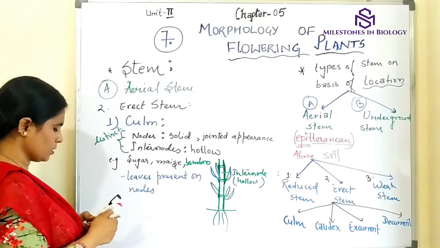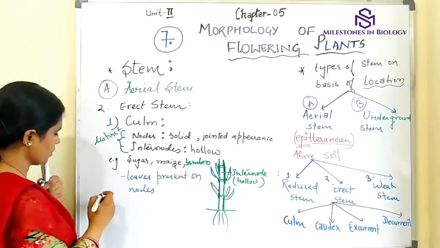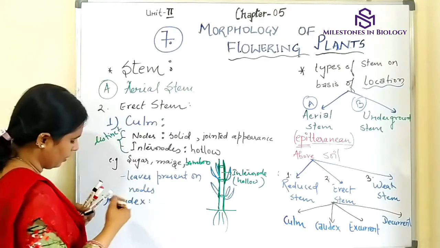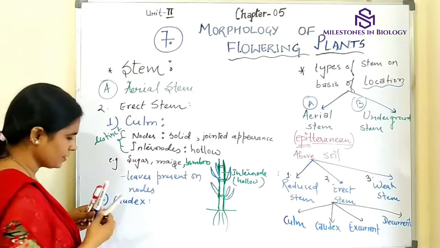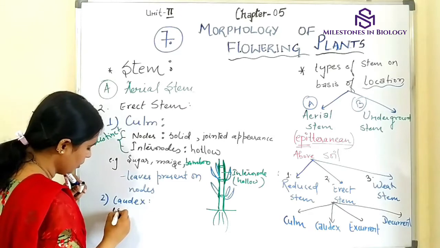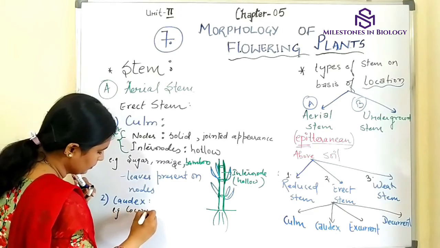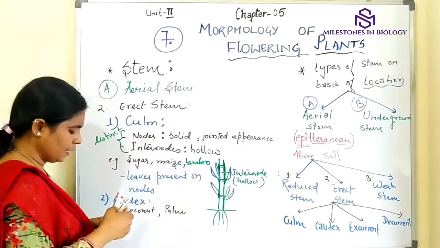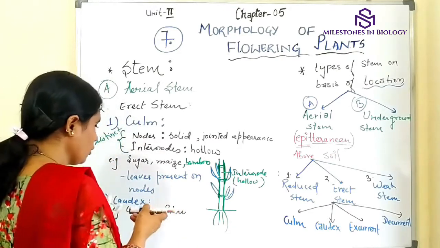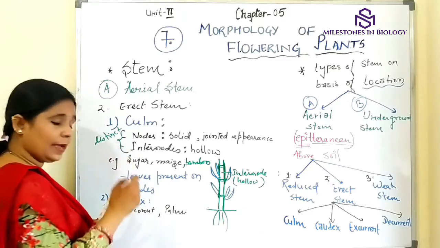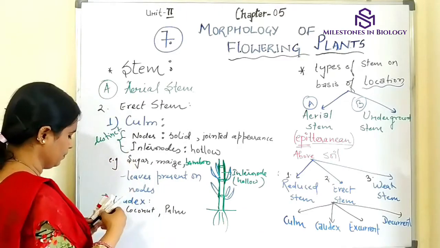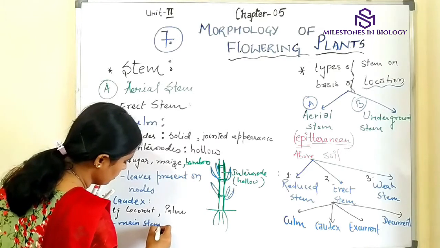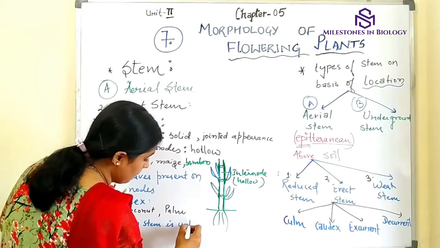Okay. Now next we are going to discuss the caudex. First, I will give you the example so that you will understand it better. Coconut and palm. In these kinds of trees, the main stem is unbranched.